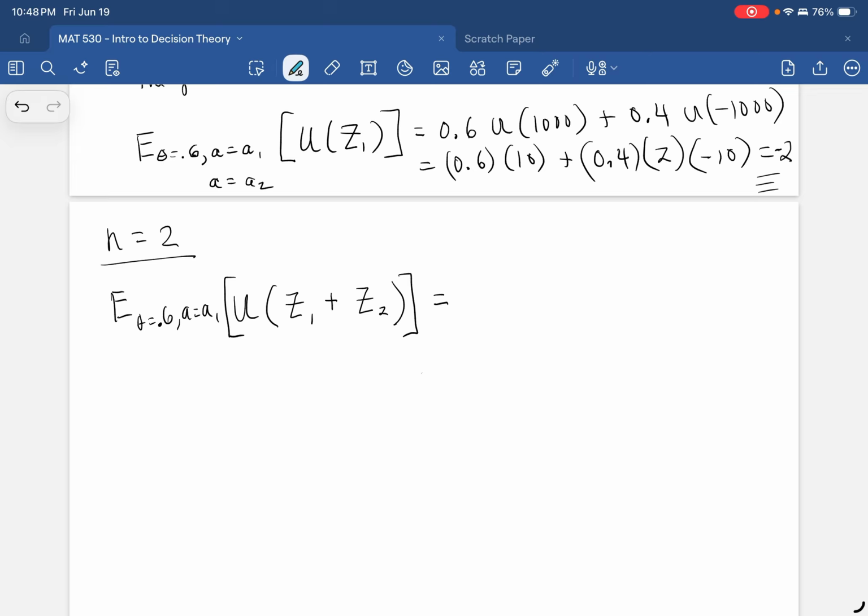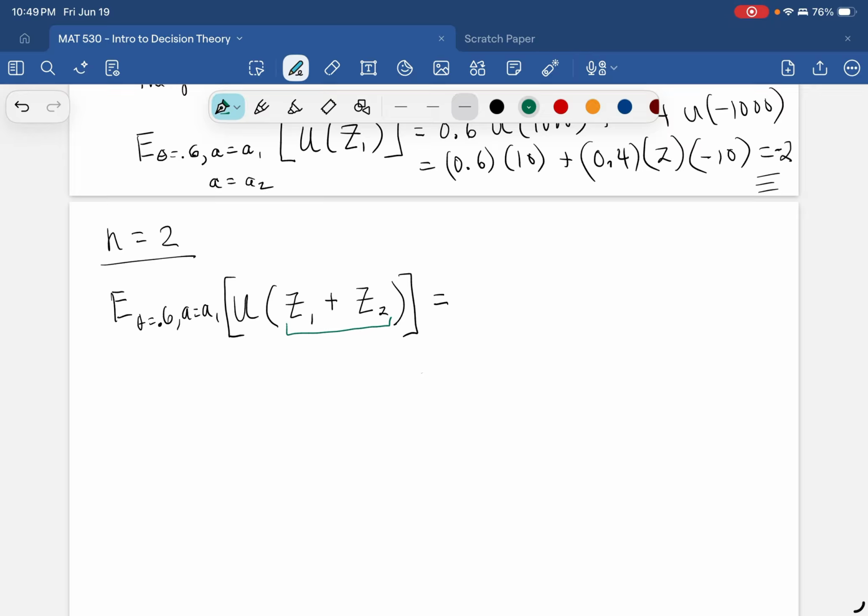So how do we get that expected value? Well, we've got to know the distribution of this sum, and these are independent random variables, right? Each time we flip the coin, those are independent events.